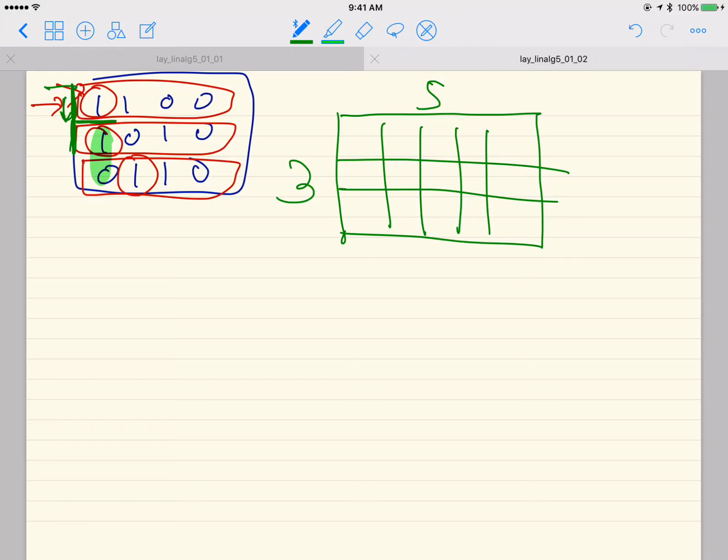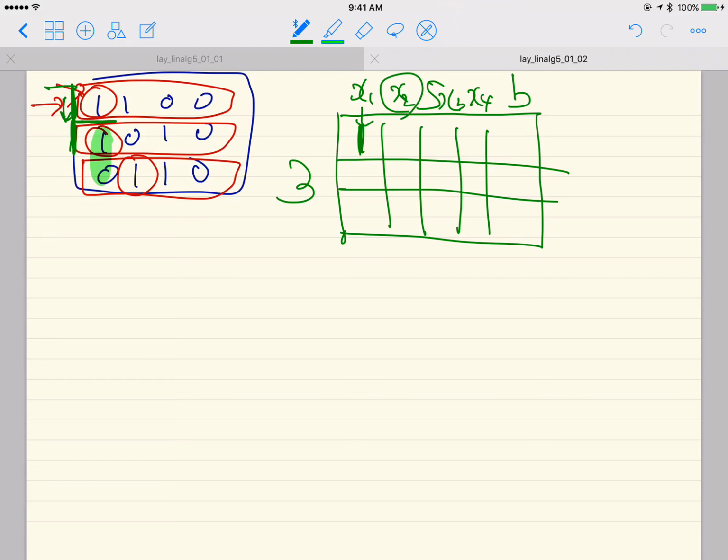So let's try to understand that by relating it with the pivot positions, or the pivot columns. A unique solution means we have to have all basic variables, not free variables. So for x1, x2, x3, and x4, each should have a pivot. In the case of a reduced echelon form, let's put 1 here.